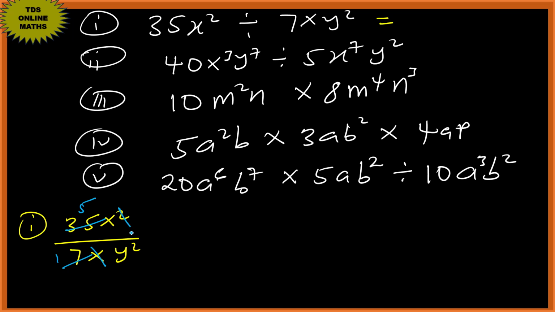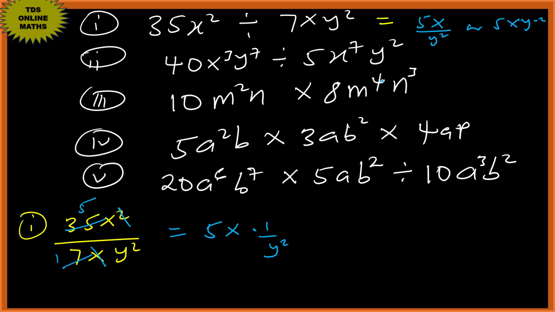So x will cancel one of the x's. So we have 5x times 1 over y squared. So we have 5x over y squared, or 5x y to the power minus 2.